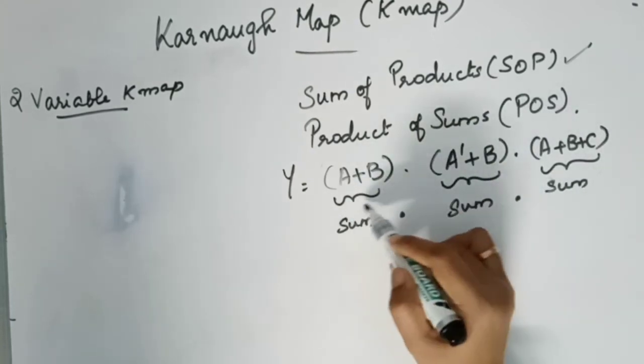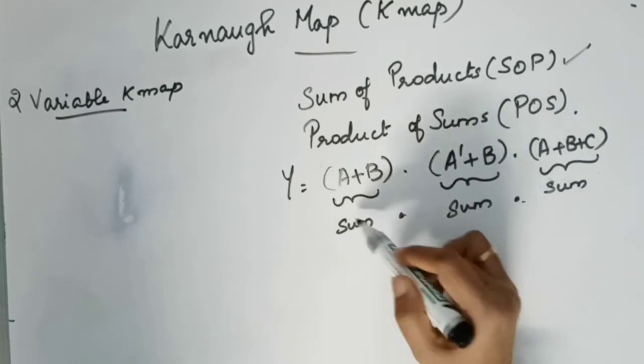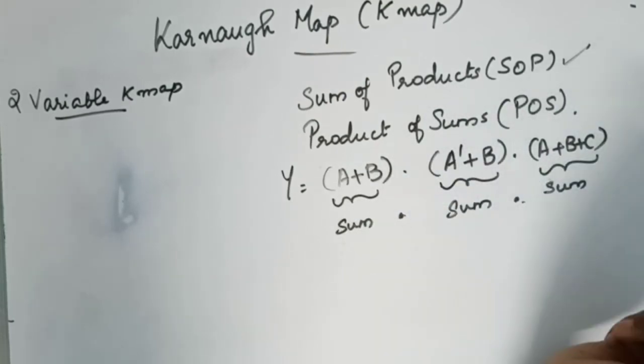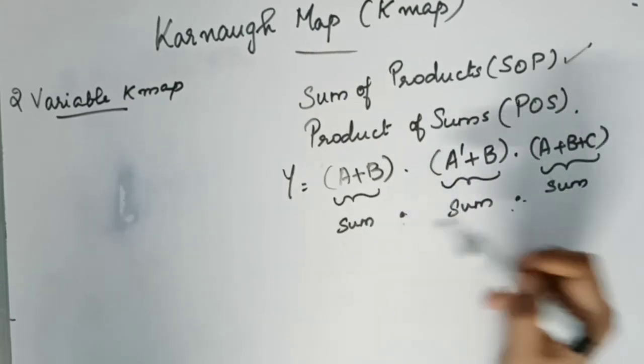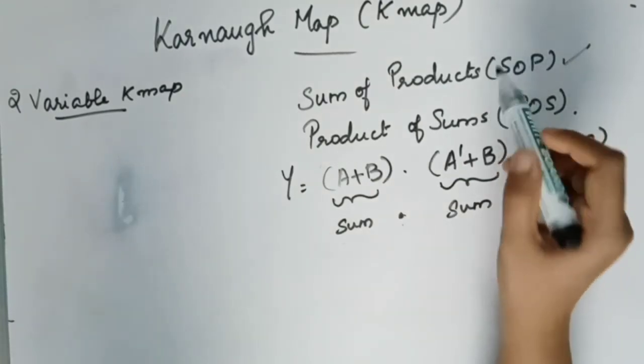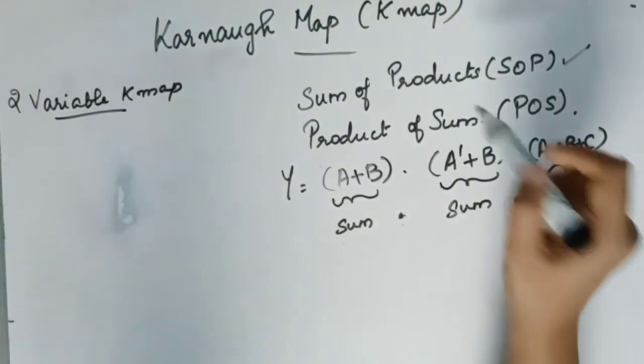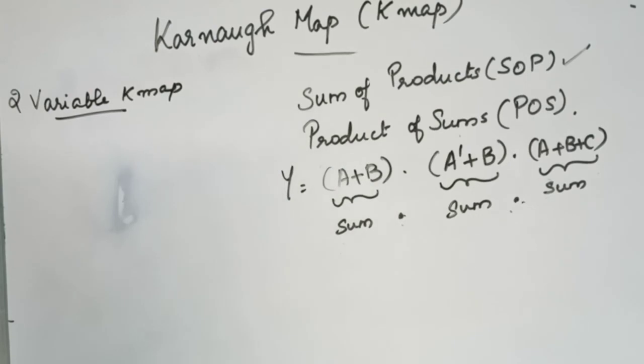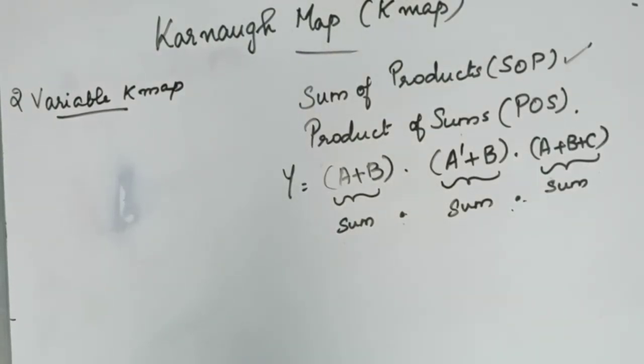So it is the product of sums, and the other one is sum of products. These are the two ways by which you can write a Boolean expression, and the method by which you simplify SOP or POS using Kmap is slightly different.